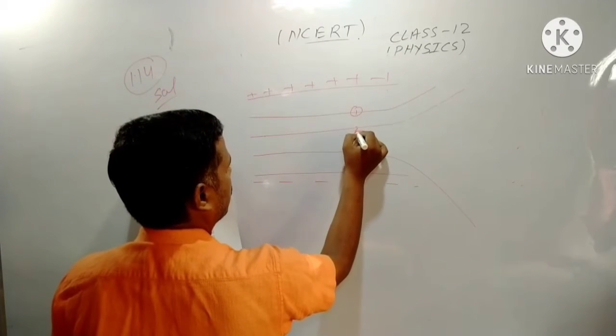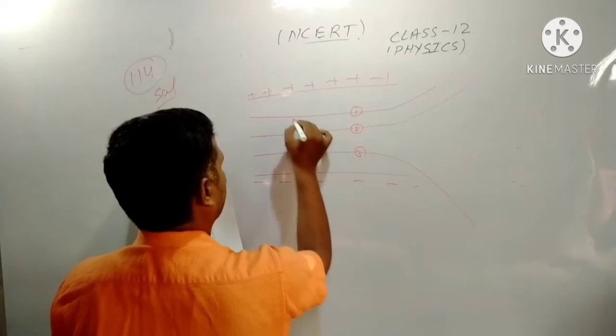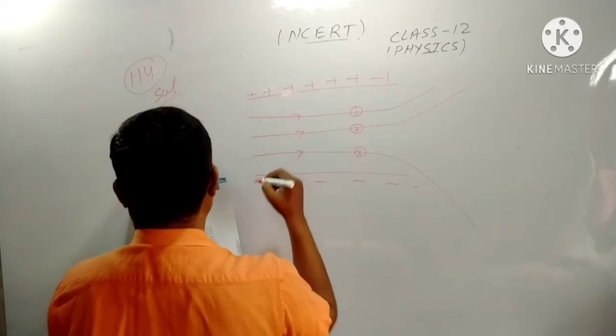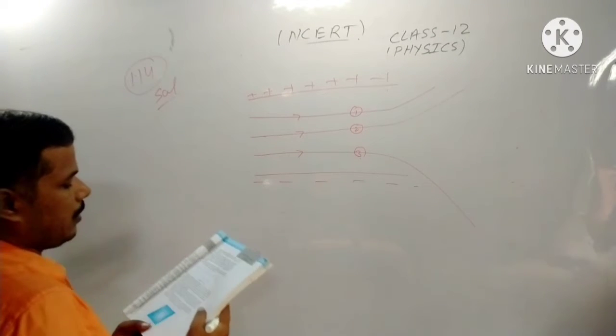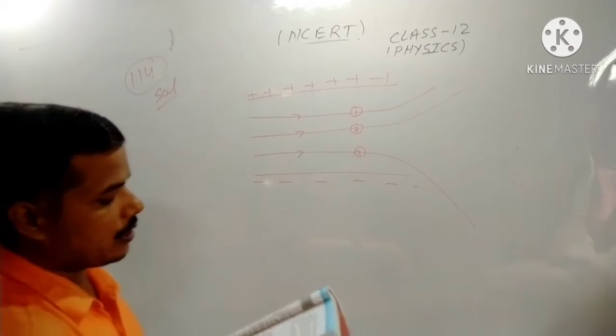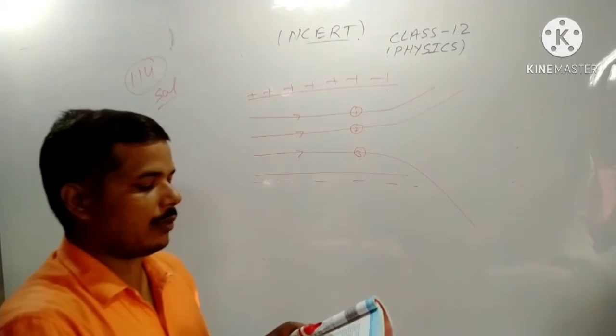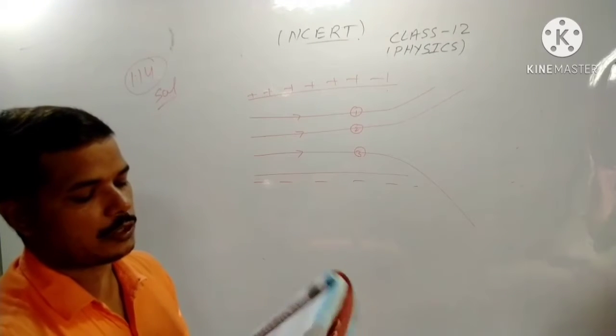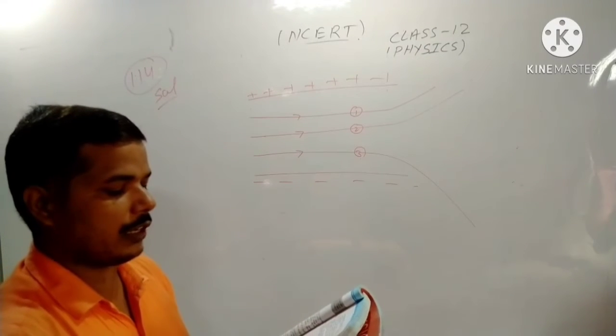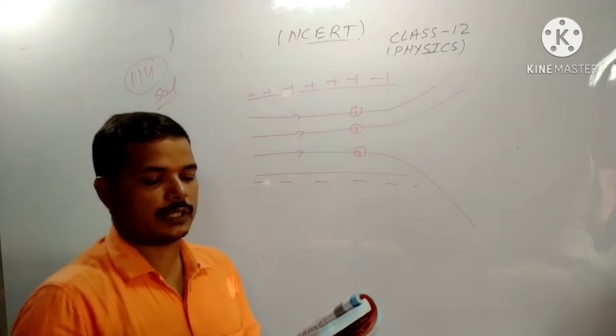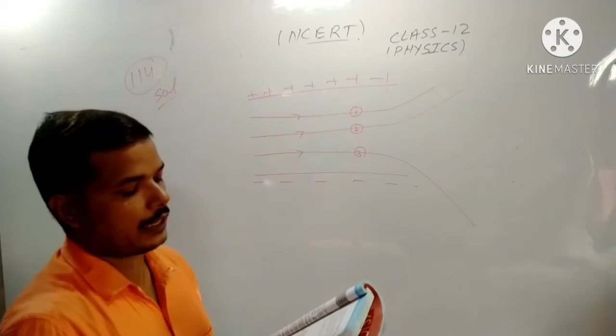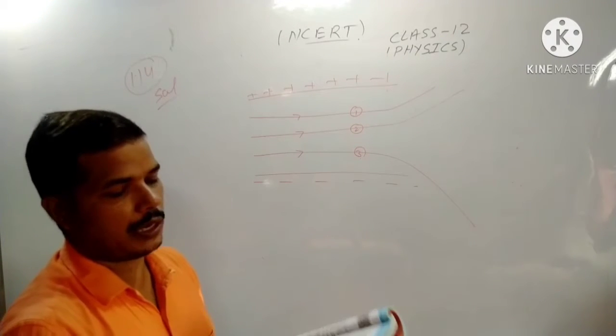This one is 1, 2 and 3. These are three charged particles. Question is: Figure 1.33 shows tracks of three charged particles in a uniform electrostatic field. Give the sign of the three charges. Which particle has the highest charge to mass ratio?